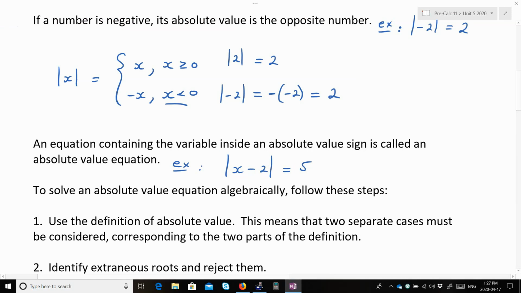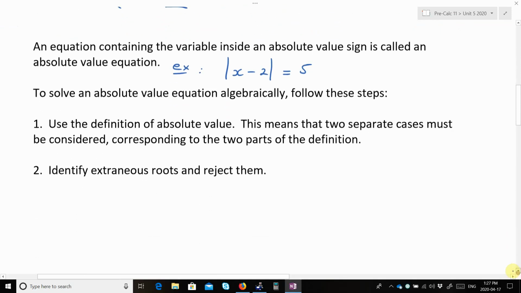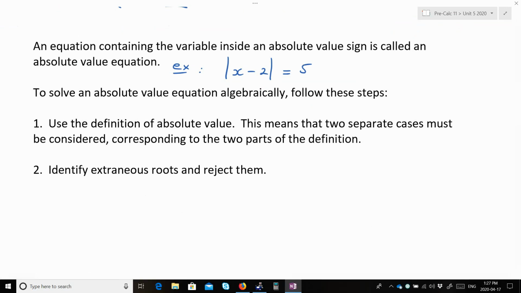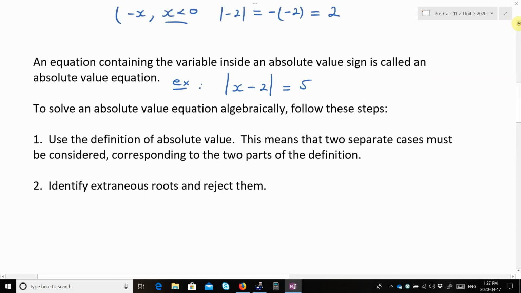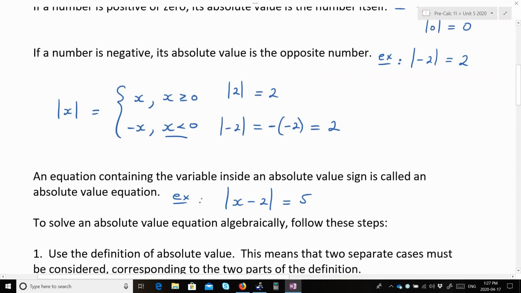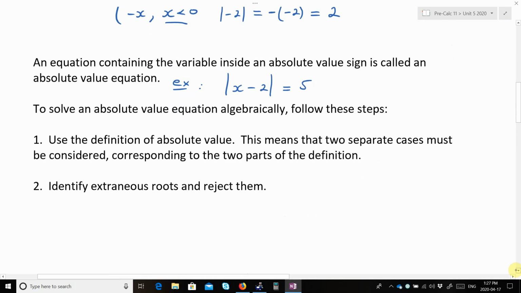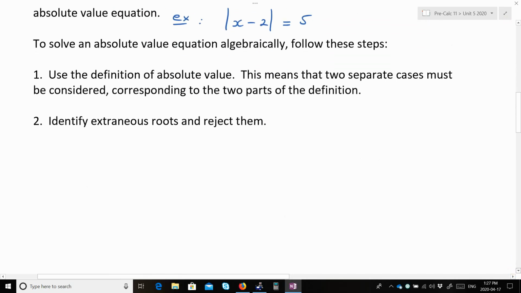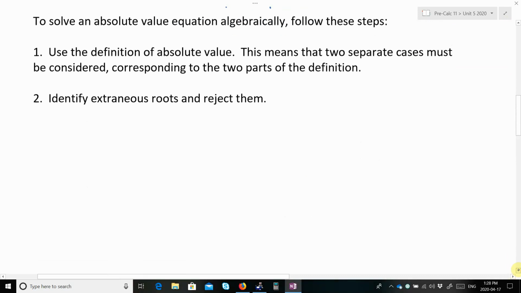And to solve an absolute value equation algebraically, we can follow these steps. You use the definition of absolute value. This means that 2 separate cases must be considered corresponding to the 2 parts of the definition. So if you look at the definition, the absolute value has 2 parts, like the positive x comes out and the negative x comes out in certain situations. Okay, so basically we're going to set up 2 equations. Step 2, we are going to identify extraneous roots and reject them.